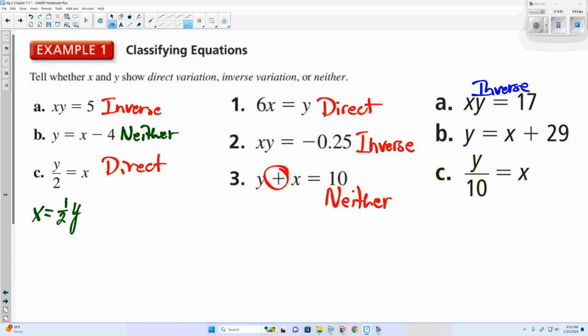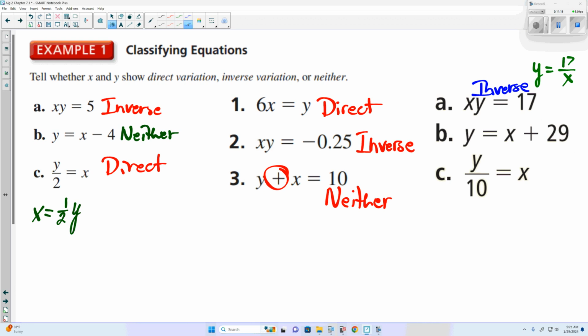Our A value is 17. If we wanted to get it in the actual version for inverse, we could divide both sides by x, telling us y is equal to 17 over x. Xy becomes y. The other side is 17 over x.